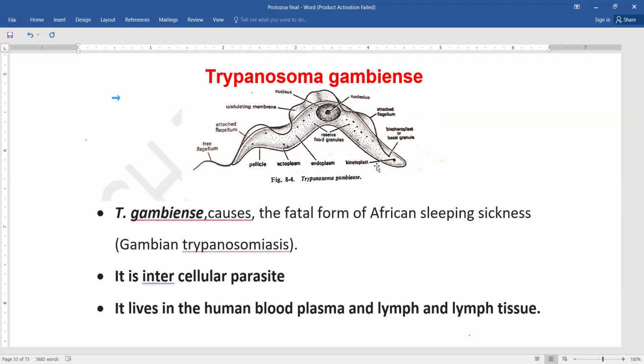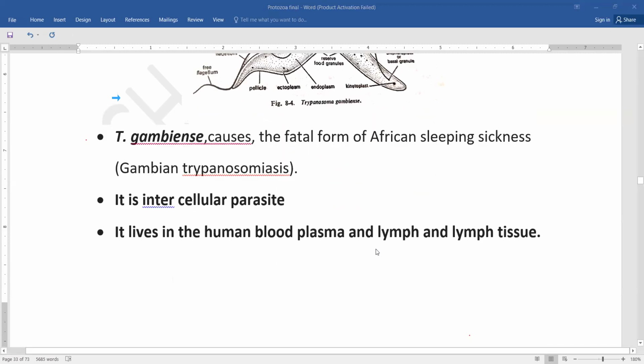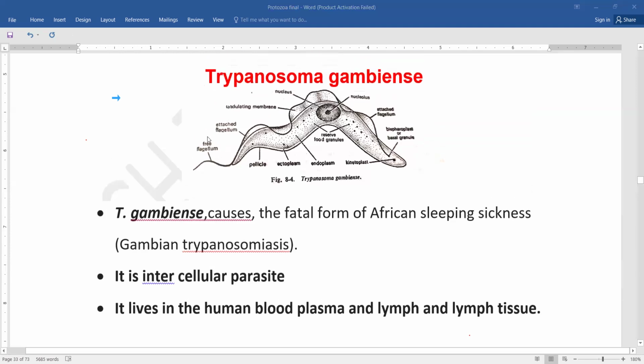Anyway, let's see about Trypanosoma gambiense. So this is the trypanosoma. It is an elongated spindle-shaped structure. And here, this is the pellicle that covers the cytoplasm. Cytoplasm is divided into ectoplasm and endoplasm.